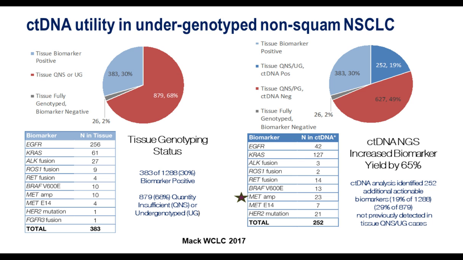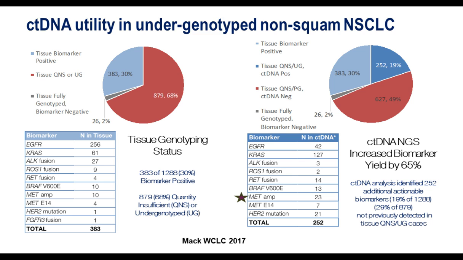These are driver alterations that offer the possibility for therapeutic intervention. However, almost 70% of the cases were under-genotyped or not genotyped because of the low quality or low quantity of the tissue, which is actually a main issue, in particular with non-small cell lung cancer.